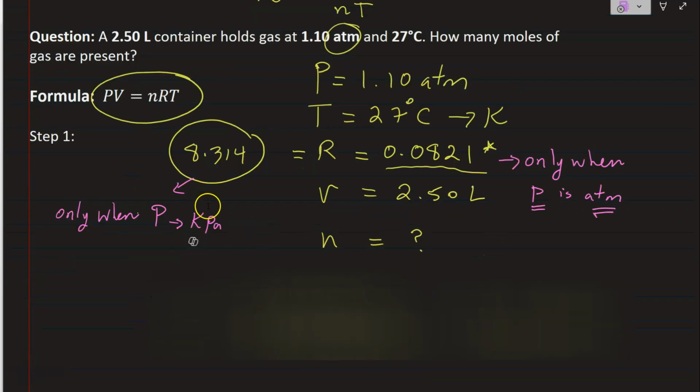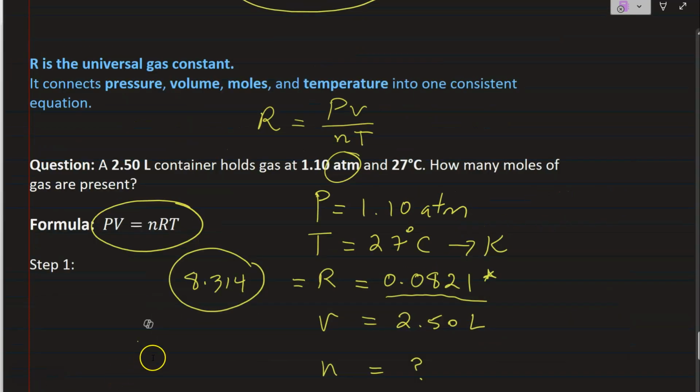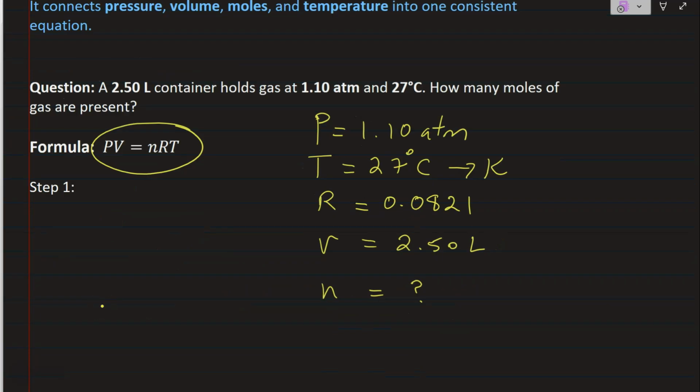So here it is. I put the note here for you to remember for each of these numbers. 8.314 only when the pressure unit is kilopascal, and the other one is only when the pressure unit is atmosphere. All right, let's find out what the answer is. We're going to use that formula. Let's plug it in. First we need to change 27 degrees to kelvins. You just add 273. What do we get? 300 Kelvin.